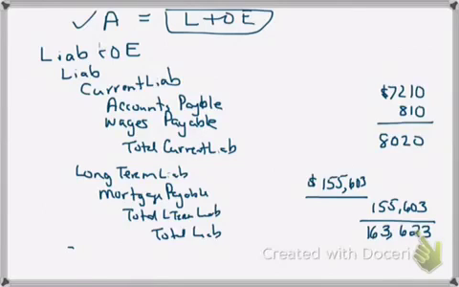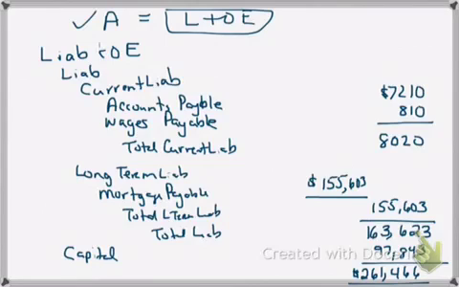The other thing that I have to add in here is that owner's equity, or that capital, and the capital is going to be at $97,843. So when I total that up, I will be at $261,466.